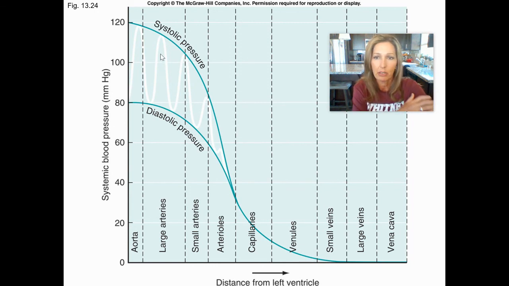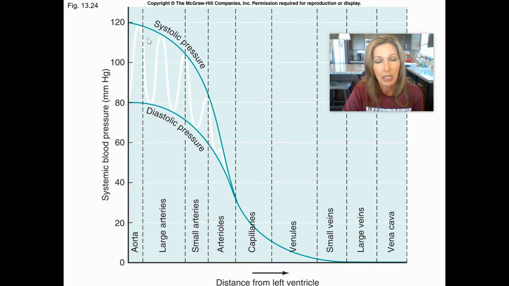So from that brachial artery in the arm, when we're taking that blood pressure, it should read about 110 over 75, which is about where a good healthy blood pressure should be when you're taking blood pressure with a sphygmomanometer. You guys are going to read about the sphygmomanometer, one of my favorite words in science as well.